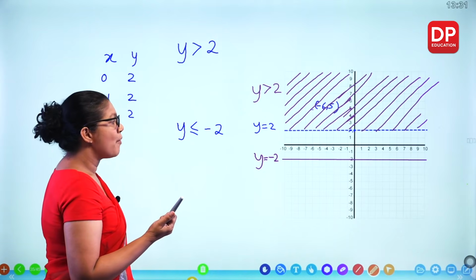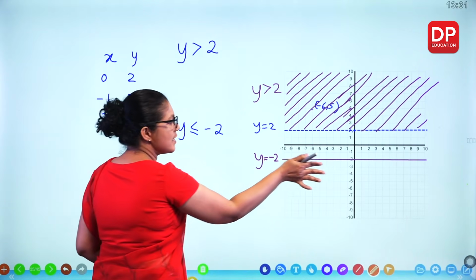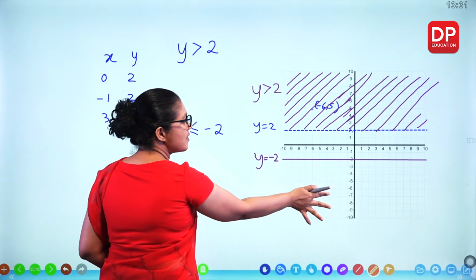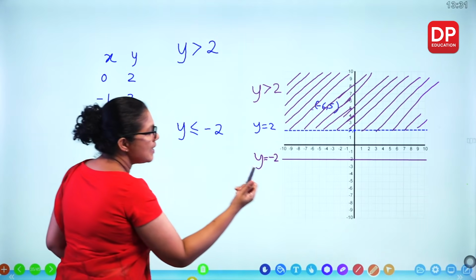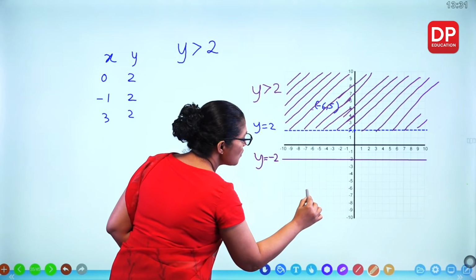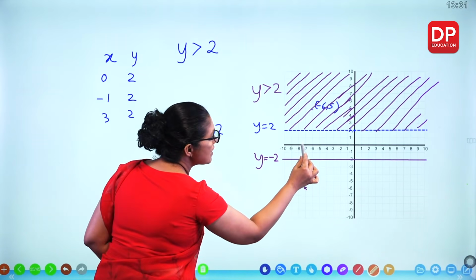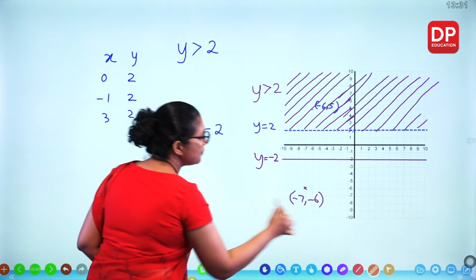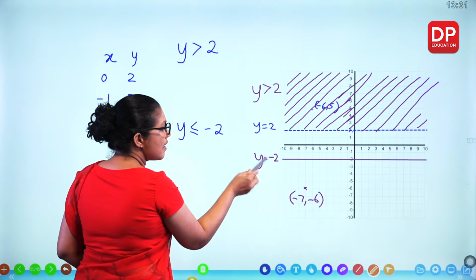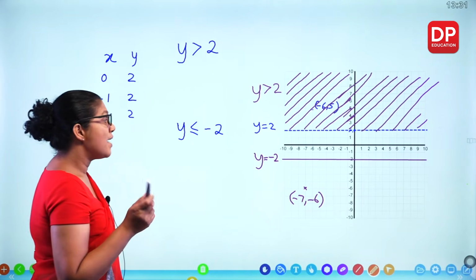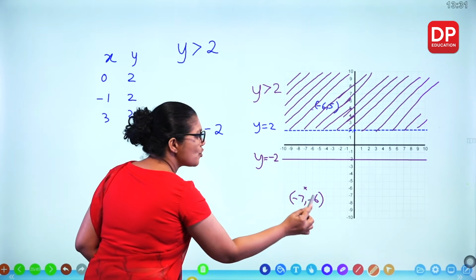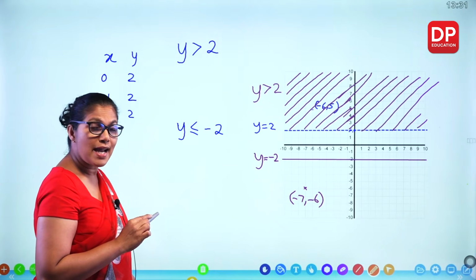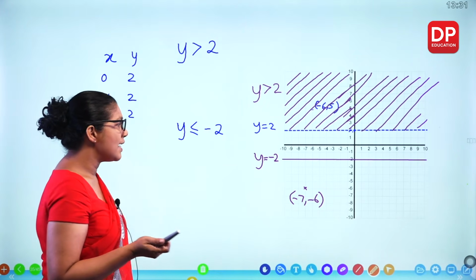We'll take several points and identify the region. You get two regions, down and up. We'll take one point, this one. What's the point? Minus 7, minus 6. You have to now compare the y values. This is minus 2. This point is minus 6. Which one is smaller?